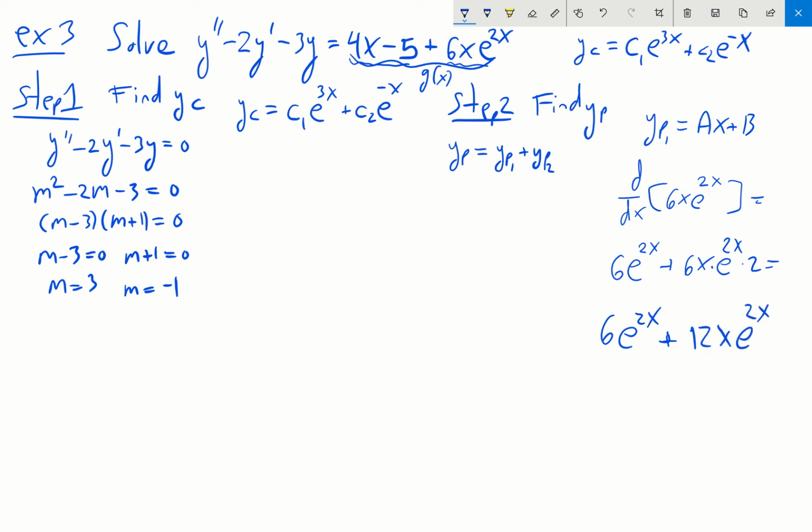The point I'm trying to make by calculating just the first derivative of this piece is that notice we get something that looks just like it. We get a 12x e to the 2x.